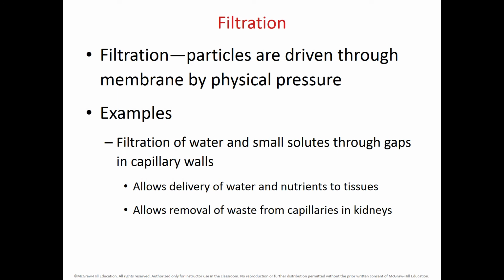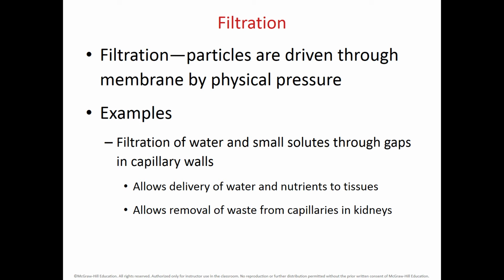So now let's talk about the specific modes of transport. For passive transport, the first one is filtration. The particles in this case move through a membrane driven by physical pressure. An example is filtration of water and small solutes through gaps in blood vessels called capillaries.